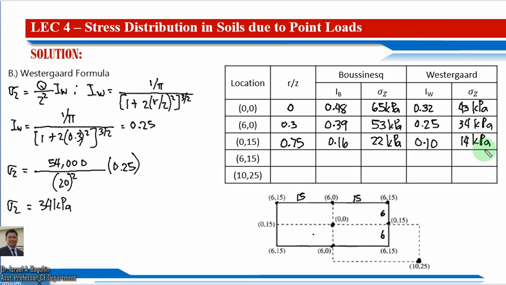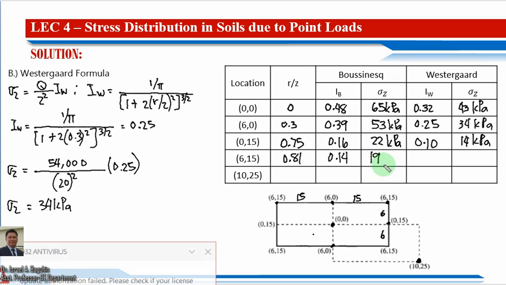Okay, and for this coordinate 6 and 15, we have here this ratio of R over Z, which is 0.81. Okay, and for I sub B it is just equal now to 0.14, and here is just equal now to 19 kilopascal.